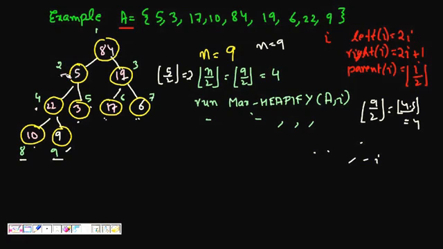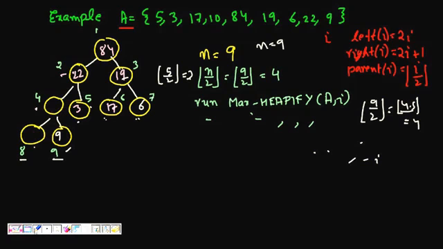Again, this percolation has now created a problem at node 2. Because 22 is greater than 5, we again make a swap, so 22 and 5 are swapped. Now we come to node 4, and again we see that the max heap property is not satisfied here, so we swap with the max of the children, which is 10.